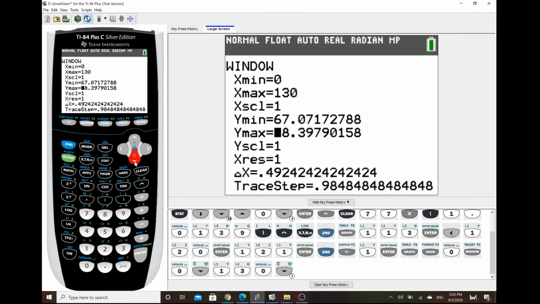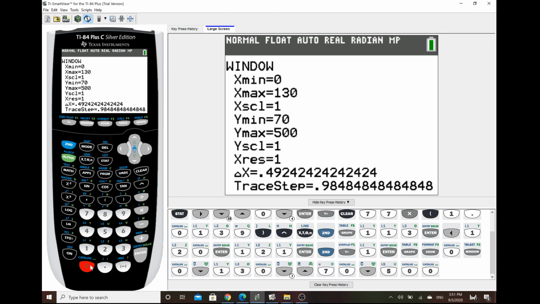I want to start with the initial population, which is 76 million. We can start with 70, let's make it a perfect number. And for the max, I want to put in 500. Everything else remains the same.